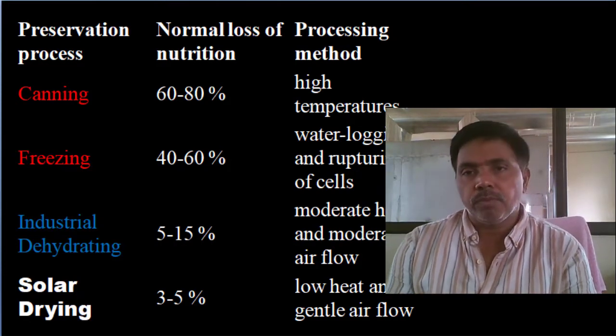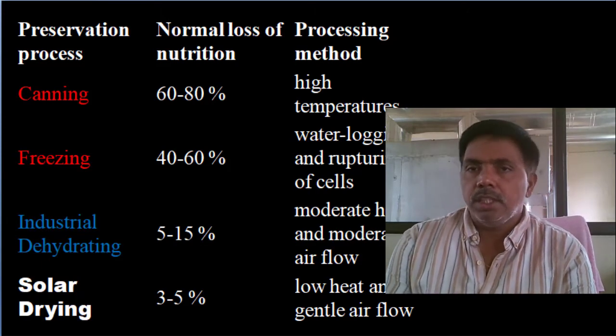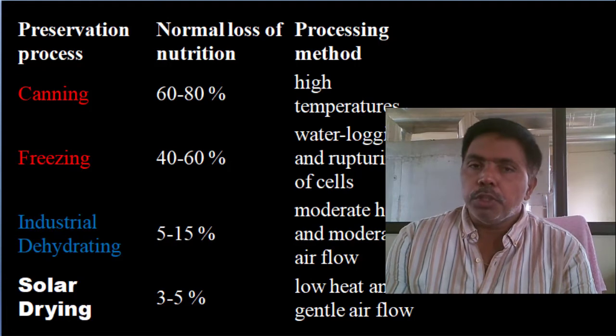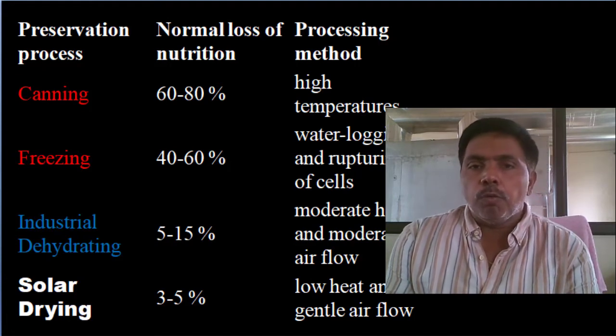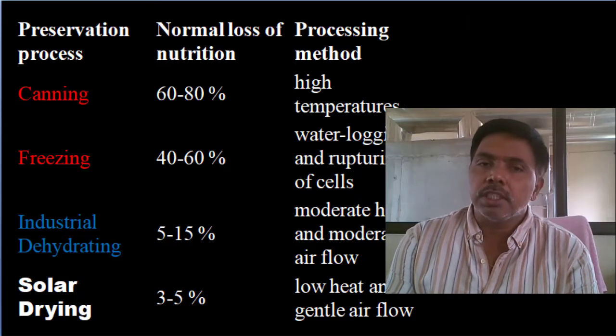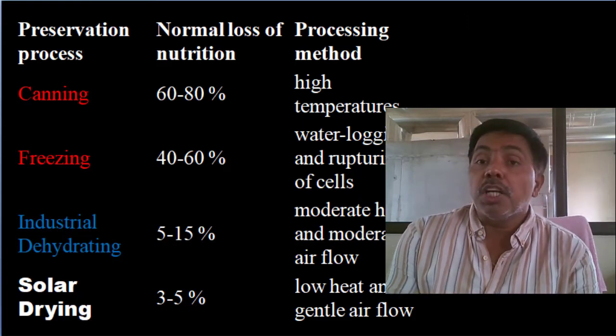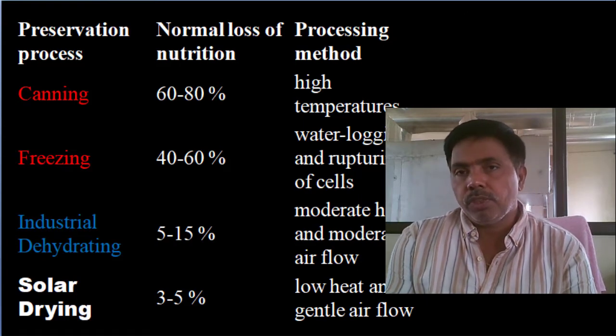Or freezing, the cold chain by cold storages. If you are storing it frozen, because of water logging and rupturing of the cells, loss of the nutrients will take place, 40 to 60%.